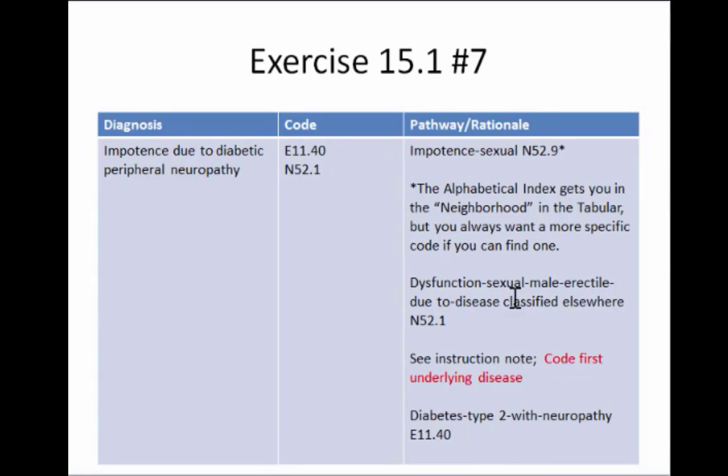Then our diabetes type 2 with neuropathy, E11.40. So let's look up, first of all, just to show you the importance of indentations, as I often have in this course, this dysfunction in the alphabetical index.